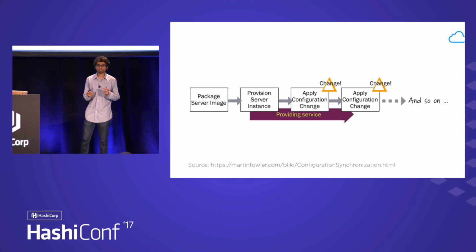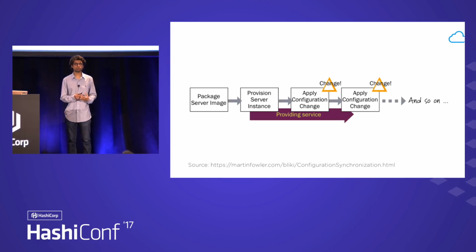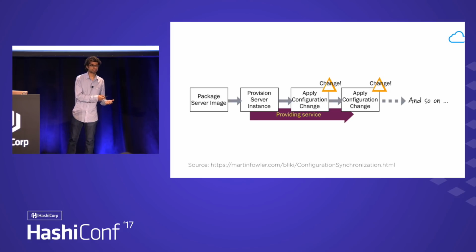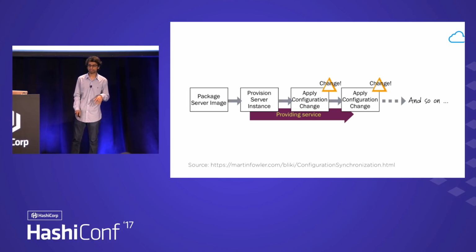What that means is that you spin up some sort of base OS, and then you apply your Puppet manifest, or your Ansible playbook, or your Chef cookbook, whatever you want to call it, to that base OS to turn that server into something useful. And if you need to make a change to that server, you would go back to your configuration management tool, make the change, and then run that configuration management tool on that existing server. And these servers would be able to run indefinitely.